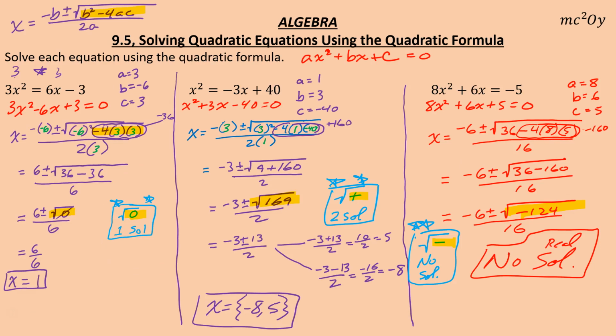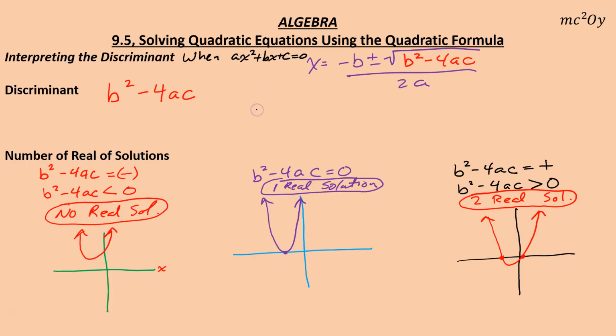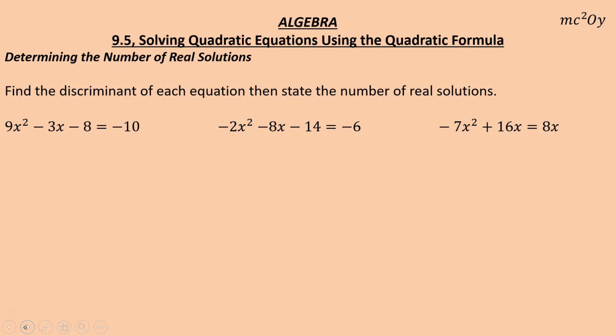So when you have it in standard form, all right, that's your discriminant. The reason I put that is because our first one here, notice it's not in standard form. I had to move that 10 over. So we get 9x squared minus 3x, and I add 10 to both sides, so that gives me plus 2.